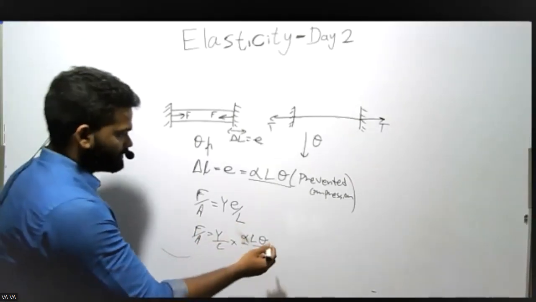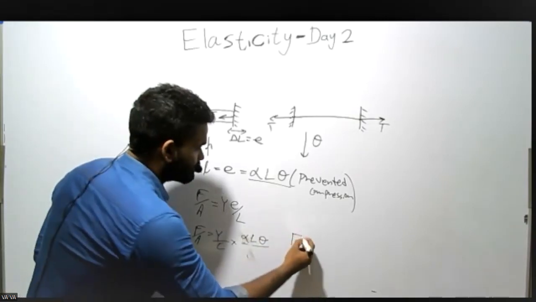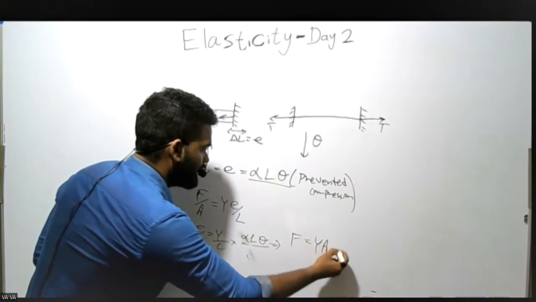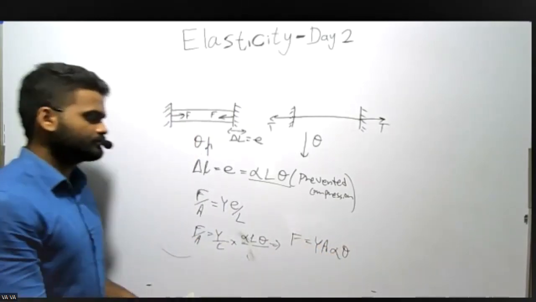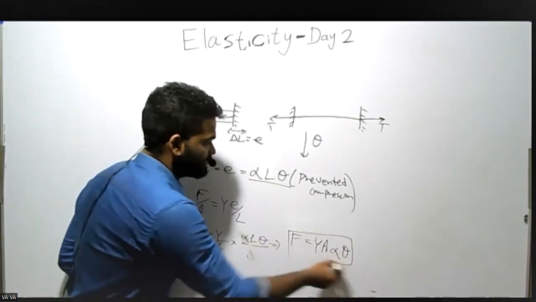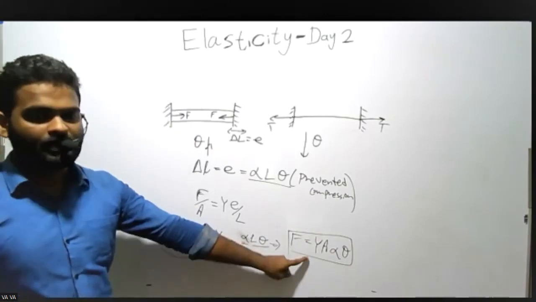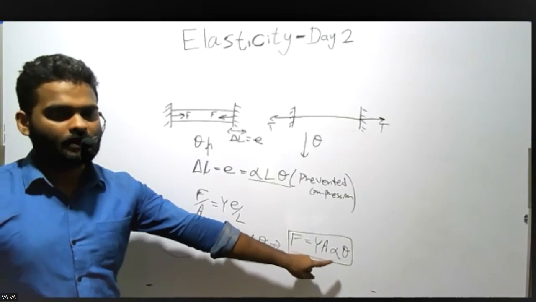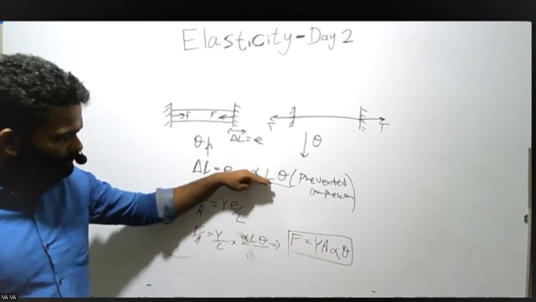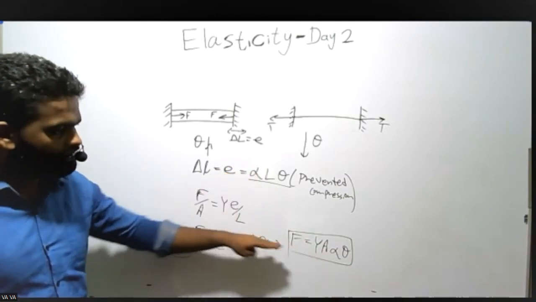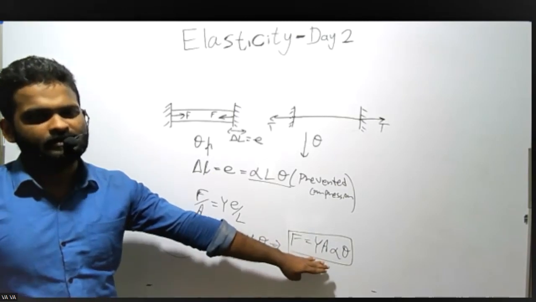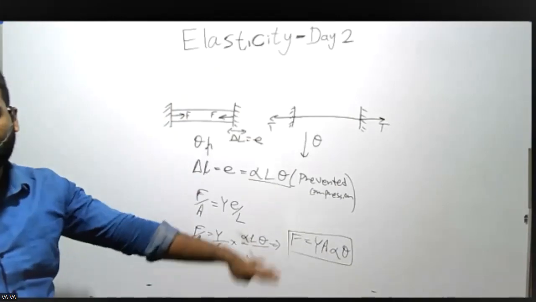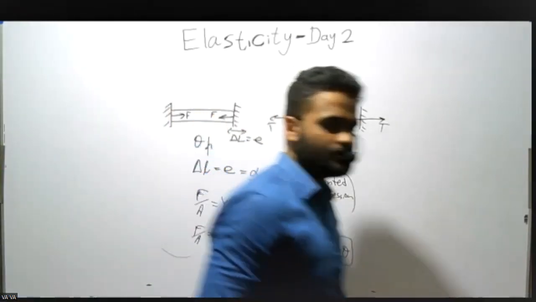Then just cross multiply and you can find this F. So F is equal to Y A alpha theta. So this is the compressive force applied due to increase of temperature, right? You don't have to remember that. You have to remember these two fundamental equations. Then you can quickly derive this, right? You don't have to remember this. Okay, take it down, and if you have any problems, send me a message.